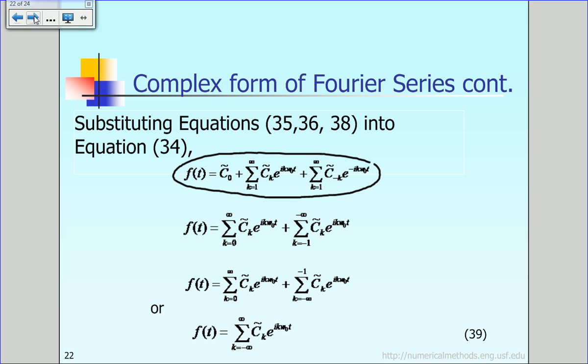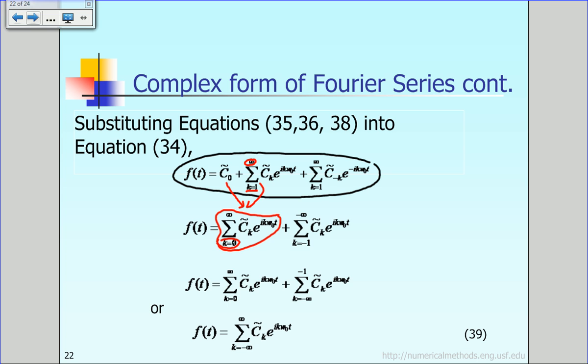Now we will begin to play a little small trick in here. First thing we say is this. This term and the summation term together can be combined as this summation sign. The reason is because the subscript k, instead of going from 1 to infinity, will go from 0 to infinity.